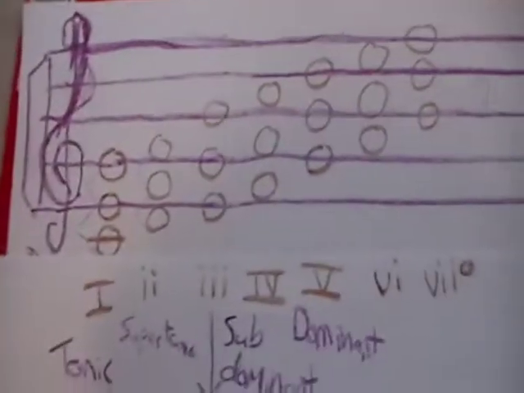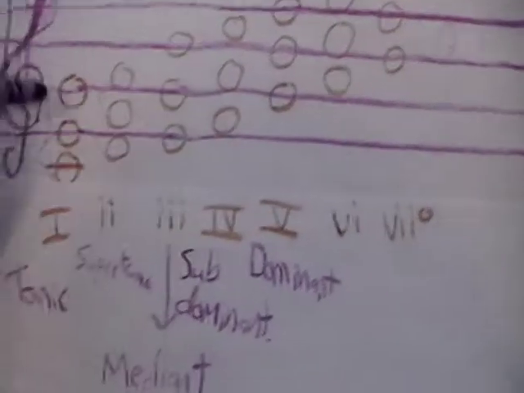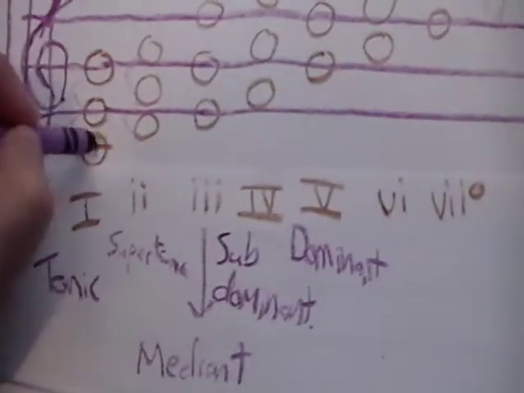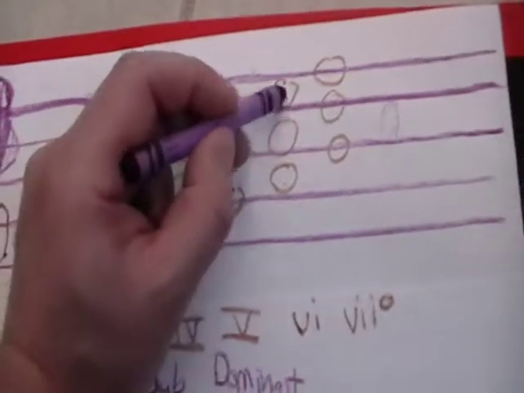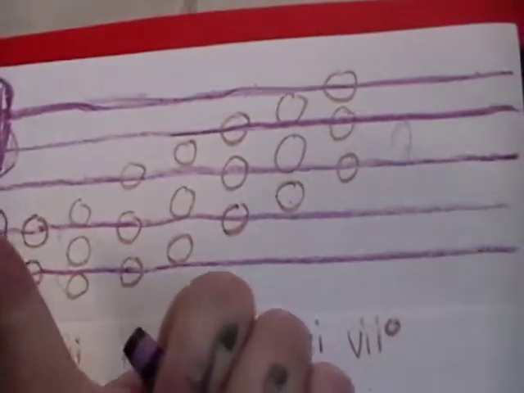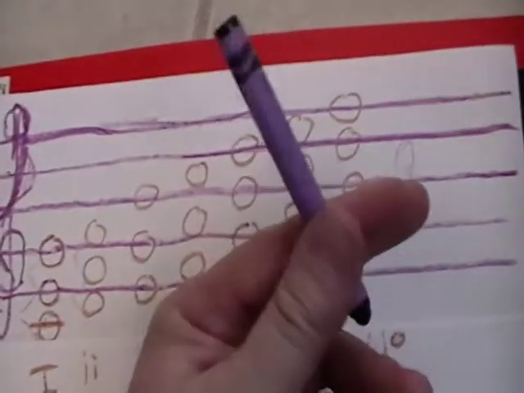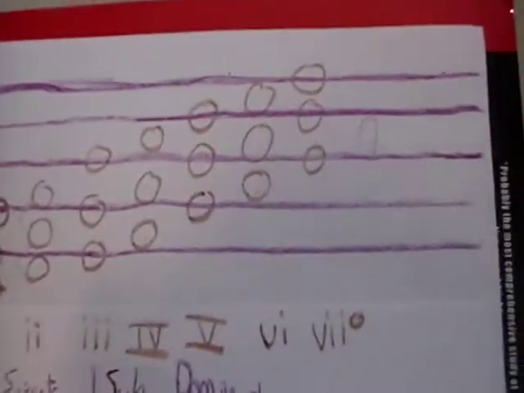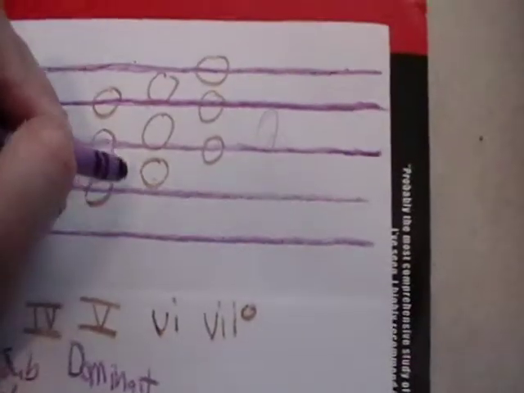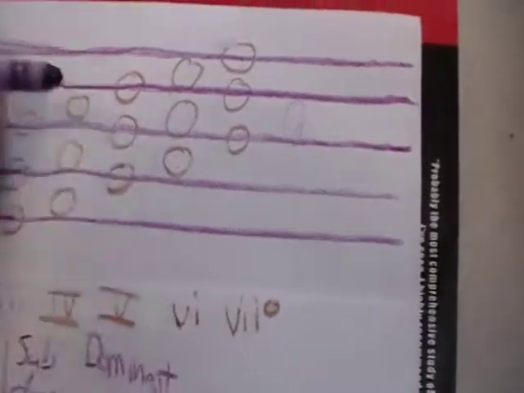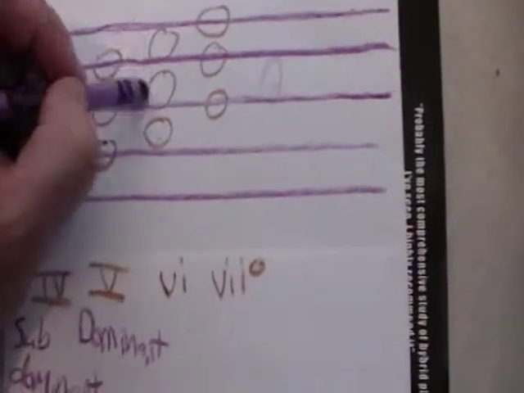Now, when you get to the 6th scale degree, starting on C, C is 1. 1, 2, 3, 4, 5, 6. That's A. C, D, E, F, G, and here's 6, A. That's an A minor chord, because there's a minor third here and a major third here.